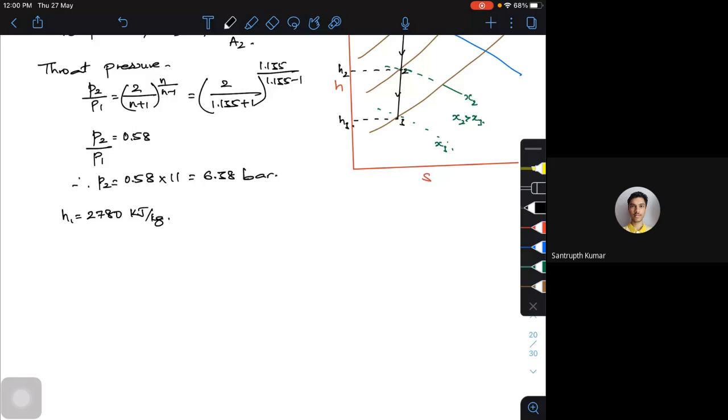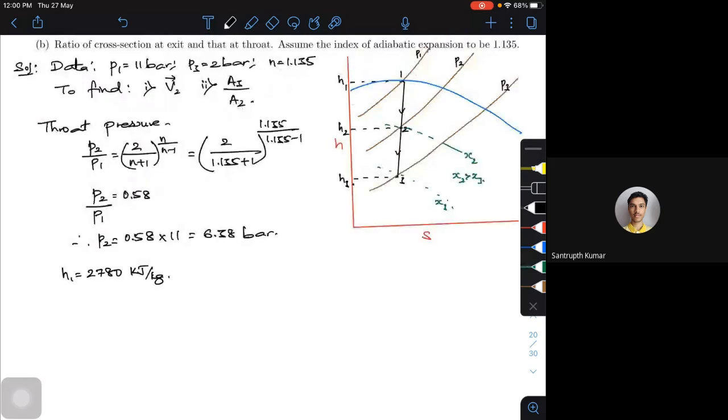Now corresponding to H2, if you get it from the Mollier diagram, roughly it is around 2680 kilojoules per kg. Don't go for 76, 77, 79; it's very difficult. Very rarely we'll get it. Maybe roughly some number we are getting.